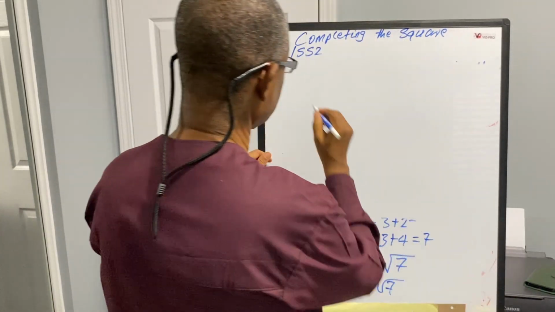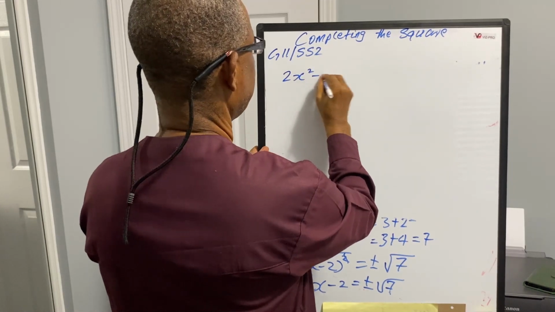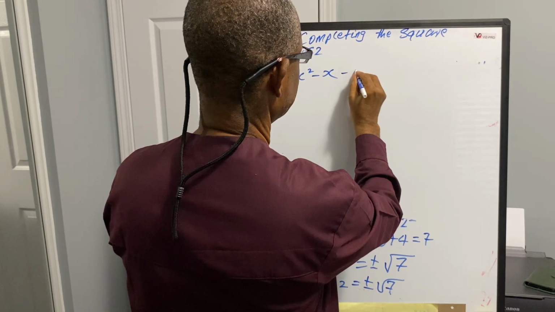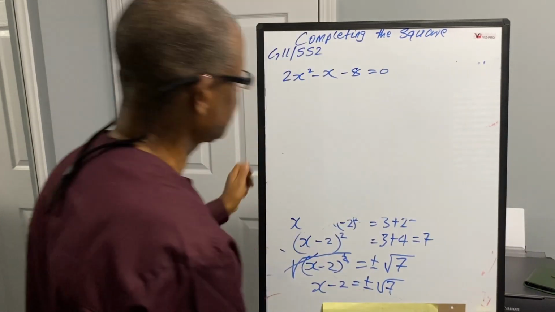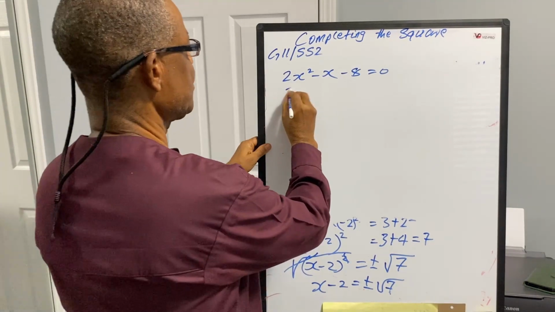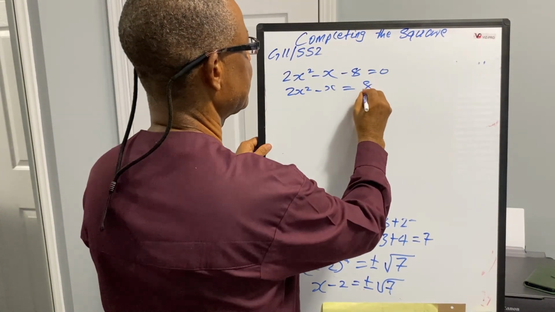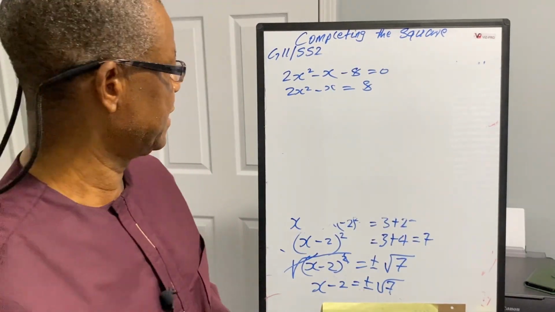We are asked to solve 2x squared minus x minus 8 equal to 0. First step, 2x squared minus x equals 8. The negative 8 crossing the equality sign becomes positive 8.